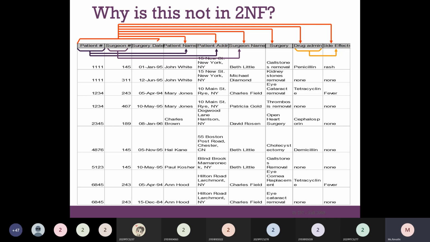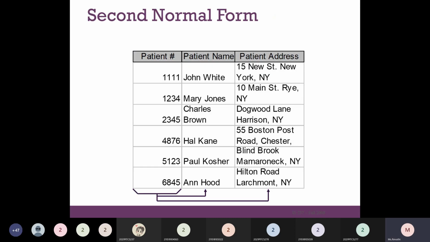Whereas the combination is able to yield the values of only surgery date, patient name, patient address, and surgeon name. The drug administration and side effects cannot be captured through these. So this is not in second normal form.